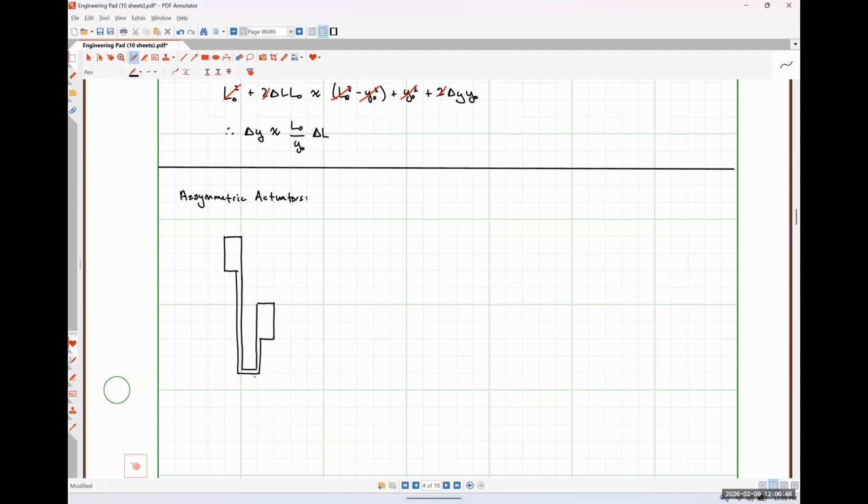So if the long leg expands more than the short leg, it winds up creating a torque and causing this to push out to the right, like so. So this is the direction of our displacement.